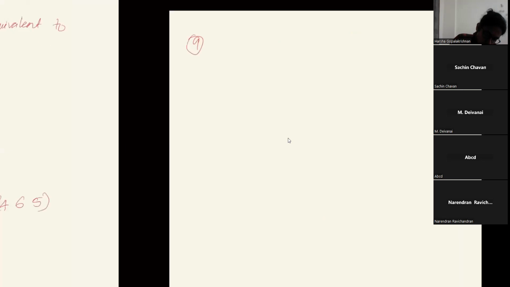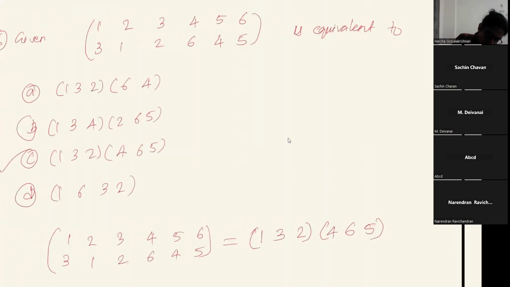Now, the next question is, again a question of one-one. A map is given from R to R, and f of x equals 5x square minus 8. We have already seen so many examples like this.